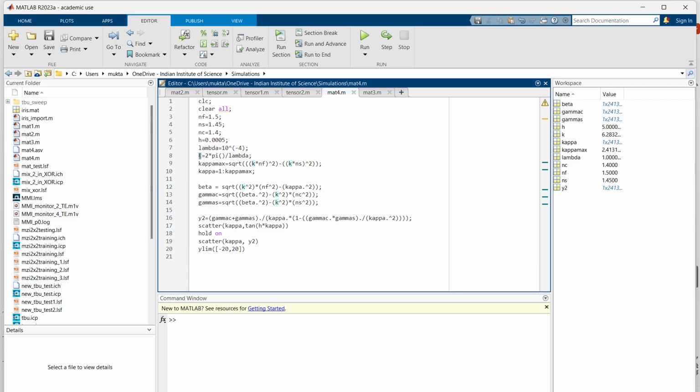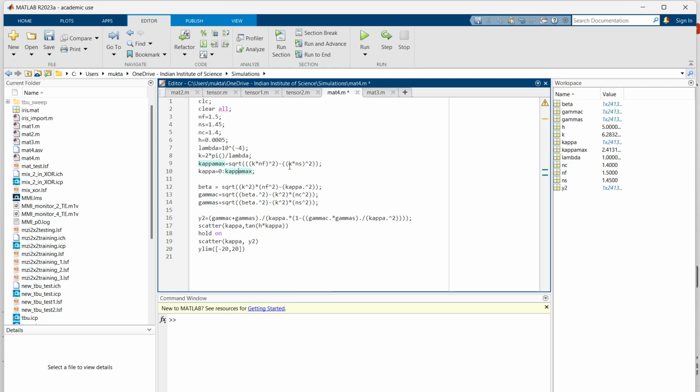Then I am defining kappa from 1 to kappa max, or it could have been 0 also here, doesn't matter. So what will be the maximum value of kappa? The maximum value of kappa will be square root of k times nf square minus k times ns square.